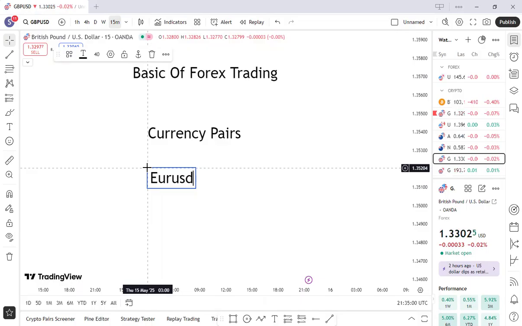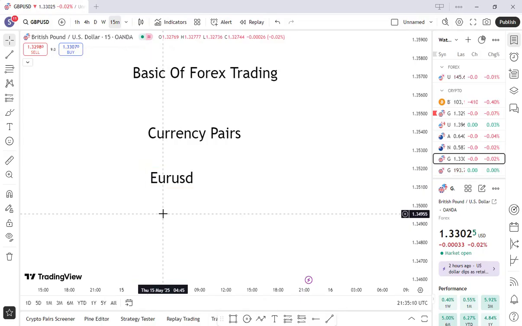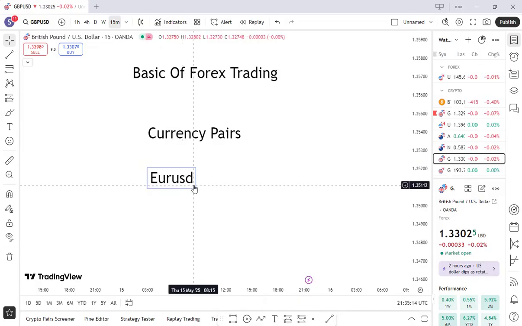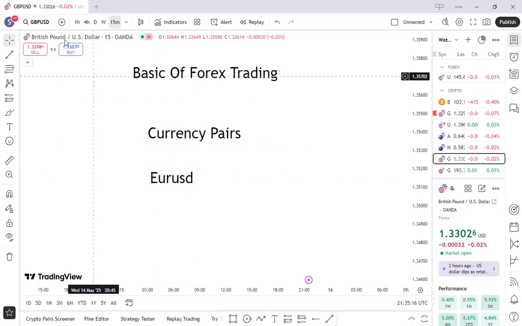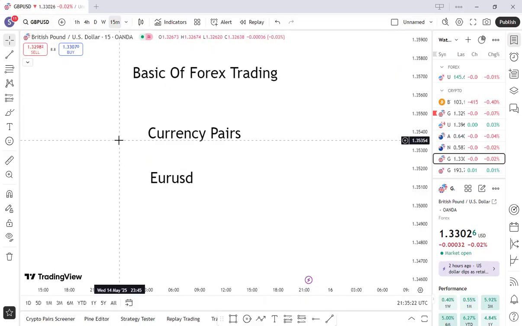And we have the GBP/JPY, which is British pounds versus Japanese yen. EUR/USD is Euro versus US dollar. EUR is Euro, USD is the US dollar. And here I have GBP/USD, which is British pounds versus US dollar.